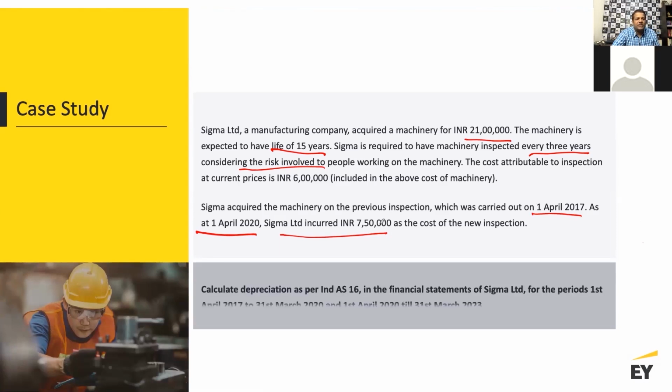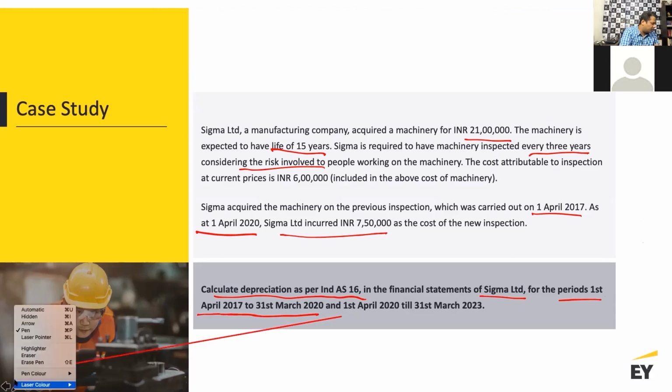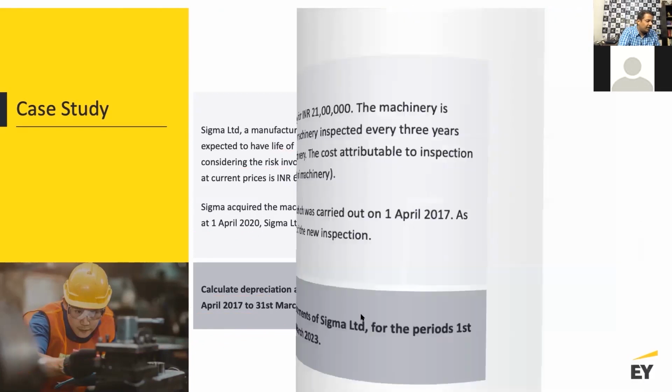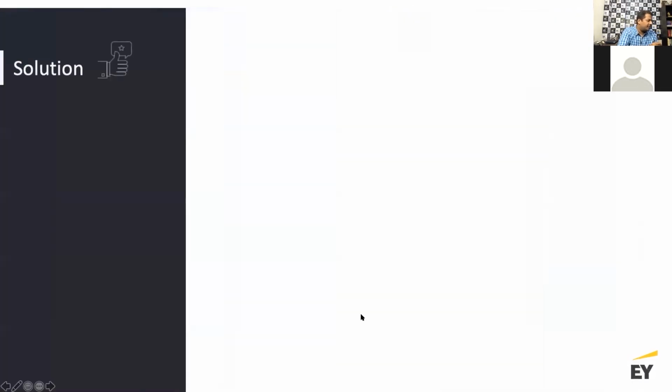Now the question for you is to calculate the depreciation as per Ind AS 16 in the financial statement of Sigma Limited for the period 1st April 2017 to 31st March 2020 and 1st April 2020 until 31st March 2023.